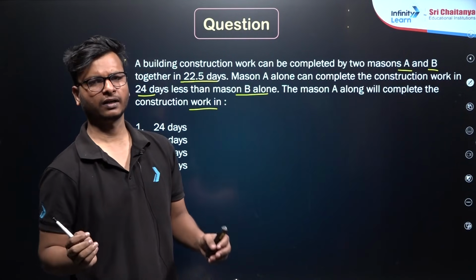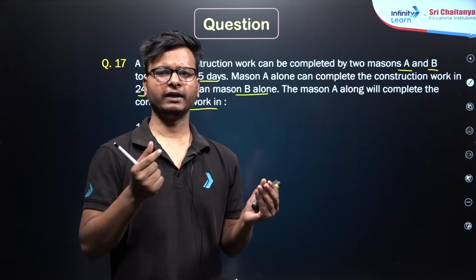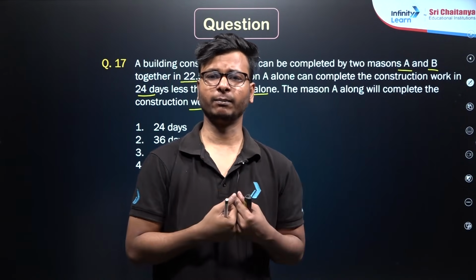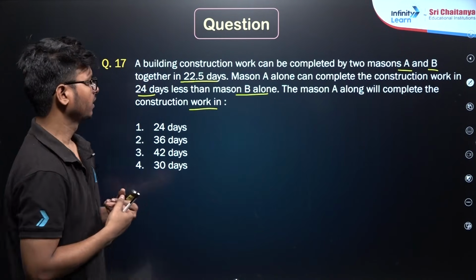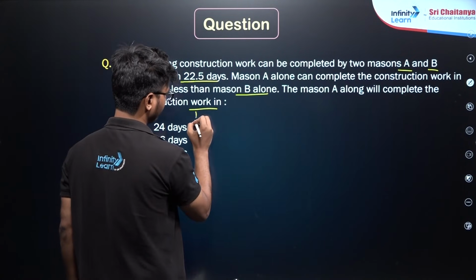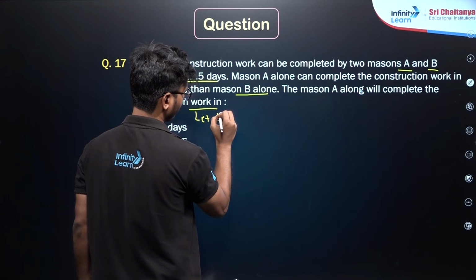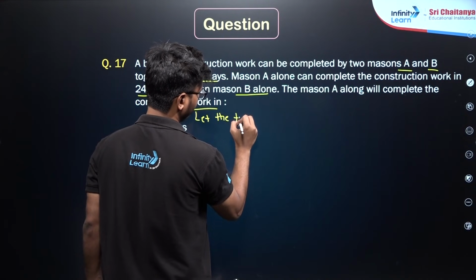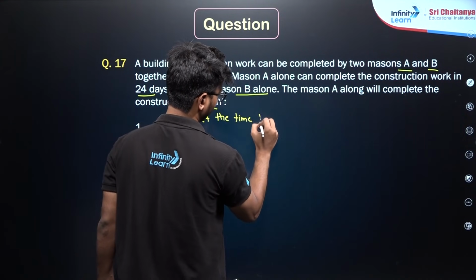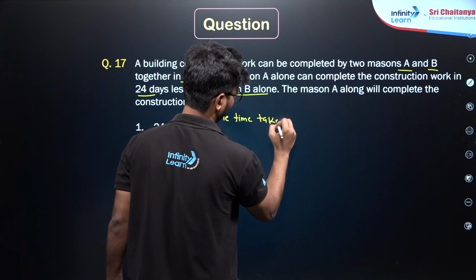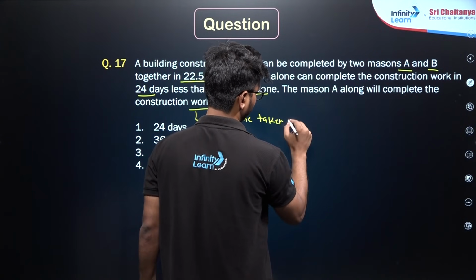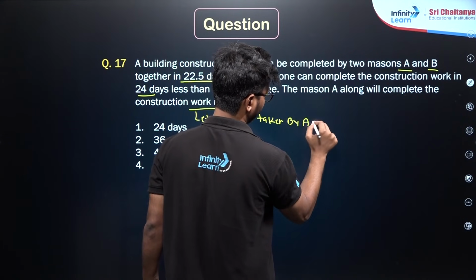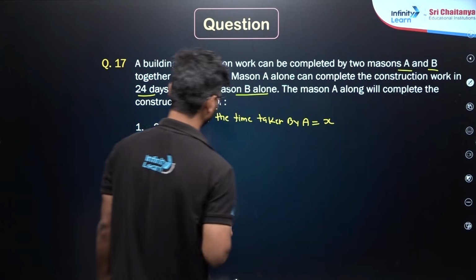So first of all, we have to find in how many days mason A will complete the work alone. Let the time taken by A be x.